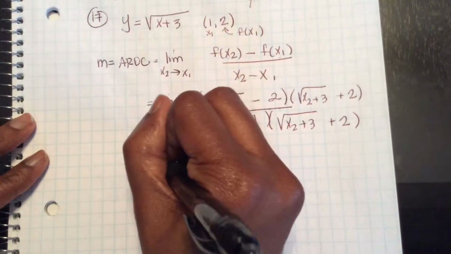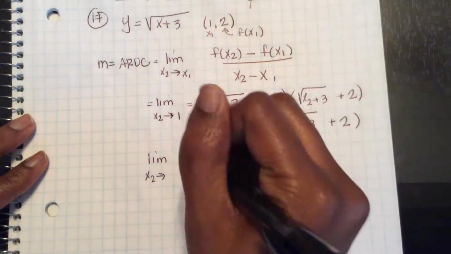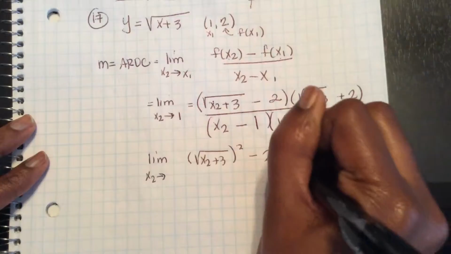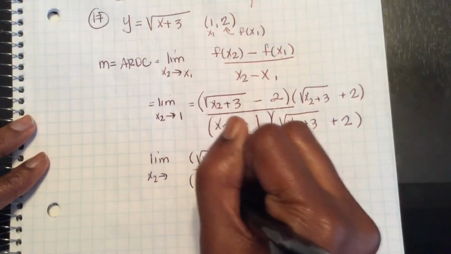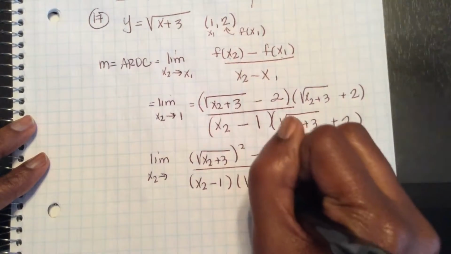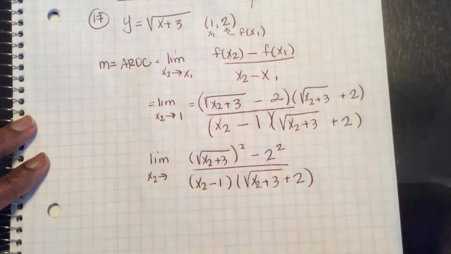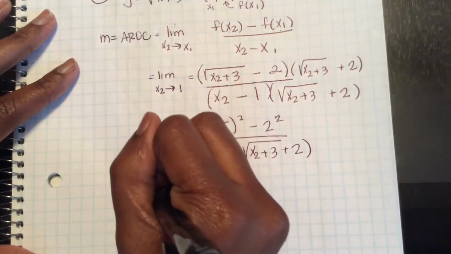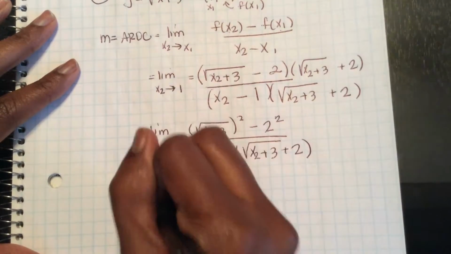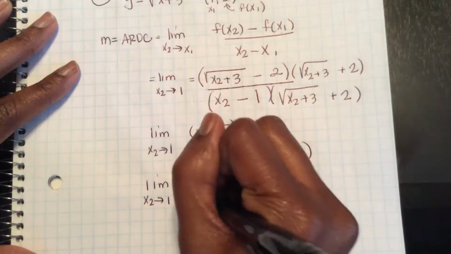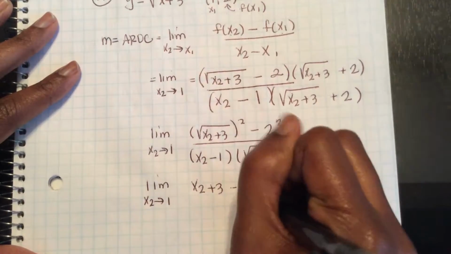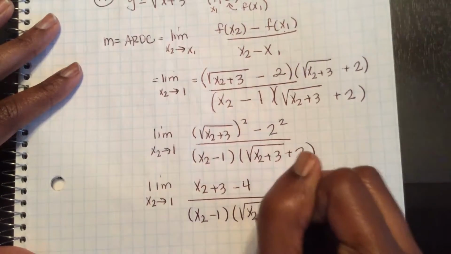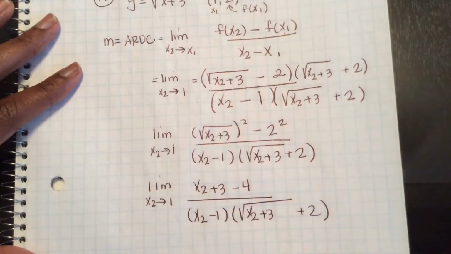So using the difference of squares pattern, this is square root of x2 plus 3 squared minus 2 squared over x2 minus 1 times square root of x2 plus 3 plus 2. So when I square a square root, with the limit as x2 approaches 1, this becomes x2 plus 3 minus 4 all over x2 minus 1 times square root of x2 plus 3 plus 2.